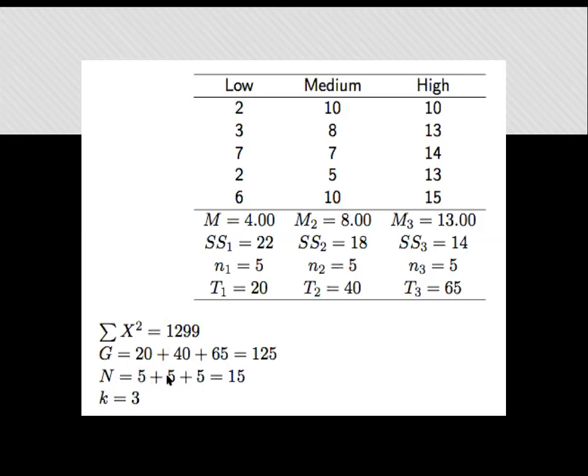So the number of scores in the entire study, 15, right? And K is the number of conditions or the number of levels that we have. In this study, we have 3 levels of stress. So K is equal to 3, right? We have low, medium, and high. So again, pause this, do the calculations, make sure you're getting the same thing. If you're not, and you don't understand where something came from, let me know.